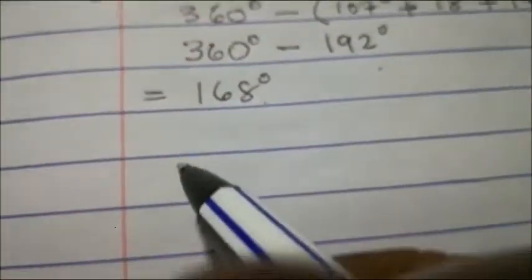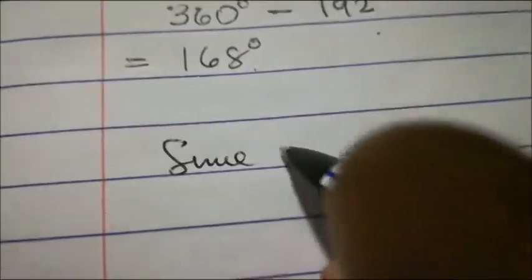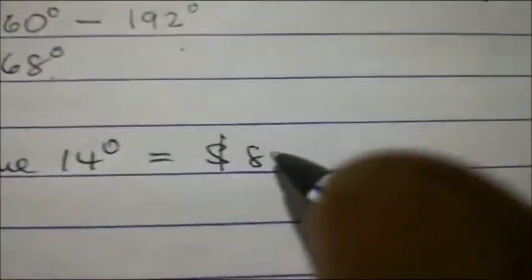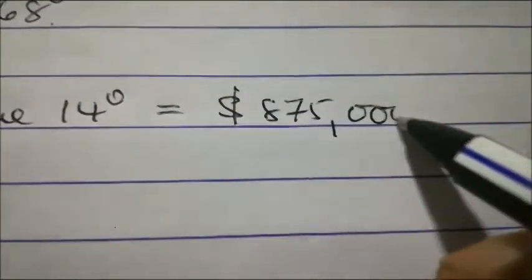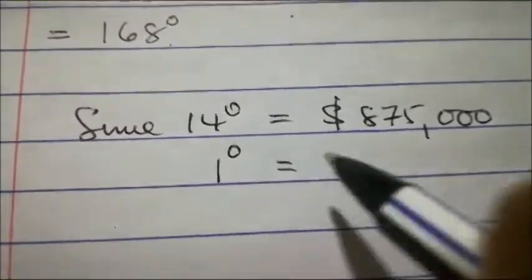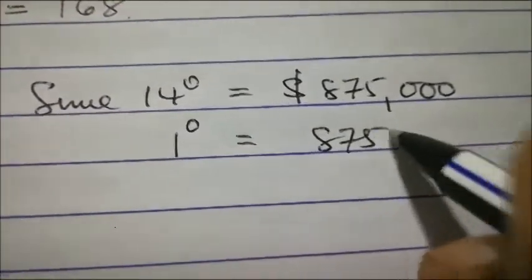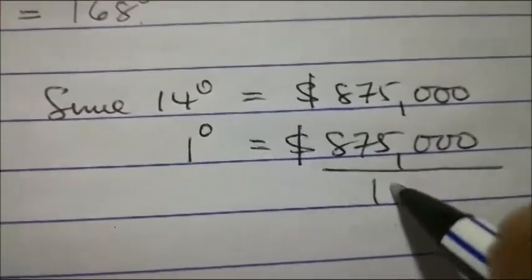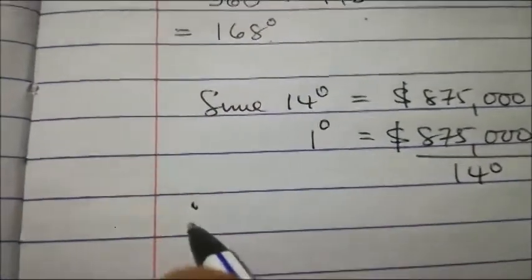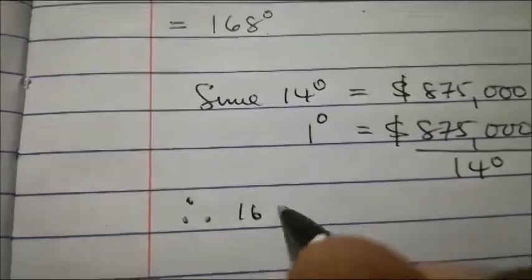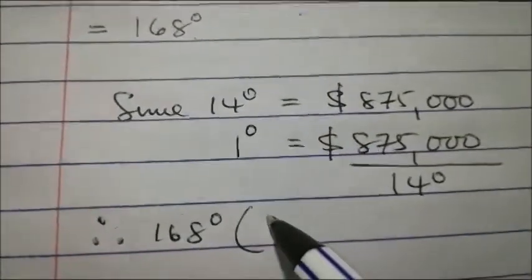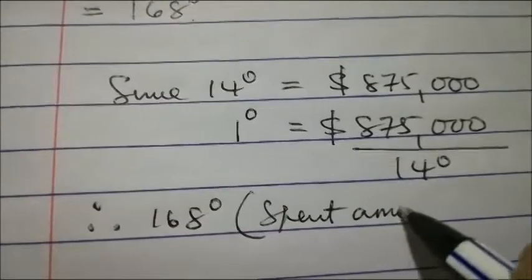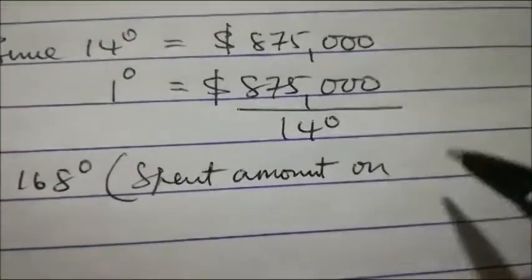So we can say, since 14 degrees is equal to 875,000, then 1 degree will be equal to what? $875,000 divided by 14 degrees, and therefore 168 degrees, which is really the amount spent on raw materials.